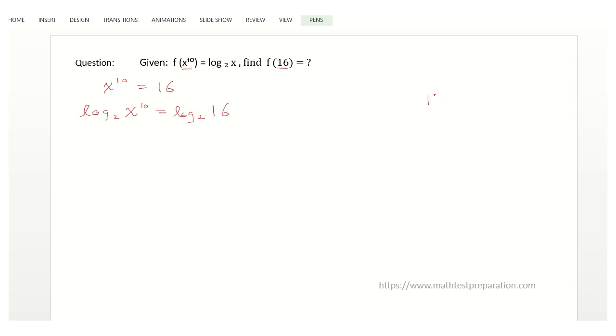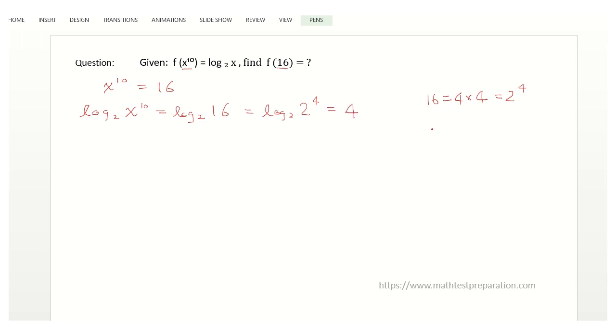Here 16 equals 4 times 4, which is 2 to the 4th power. So this equals log base 2 of 2^4. This equals 4.